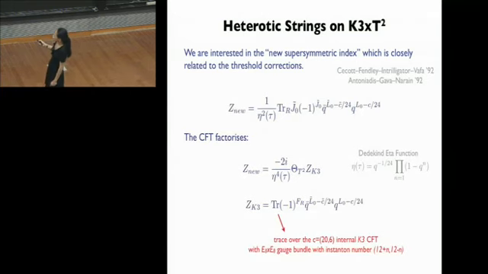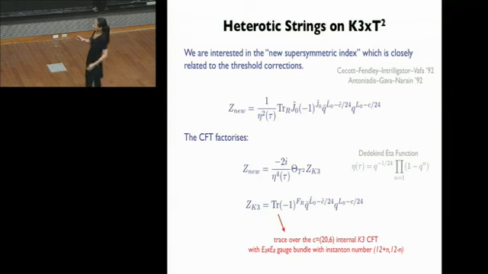So this factor of 1 over eta squared, where eta is the Dedekind eta function defined here, is just taking care of the non-compact direction. So for an internal CFT, we're interested in this trace over the Hilbert space, over the Ramond-Ramond Hilbert space.